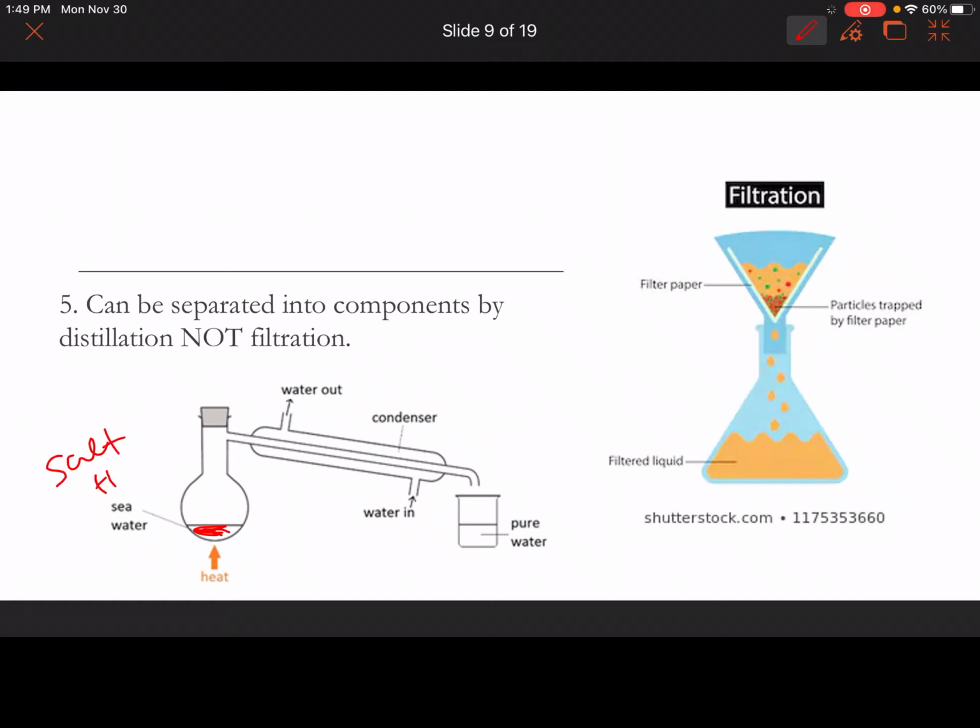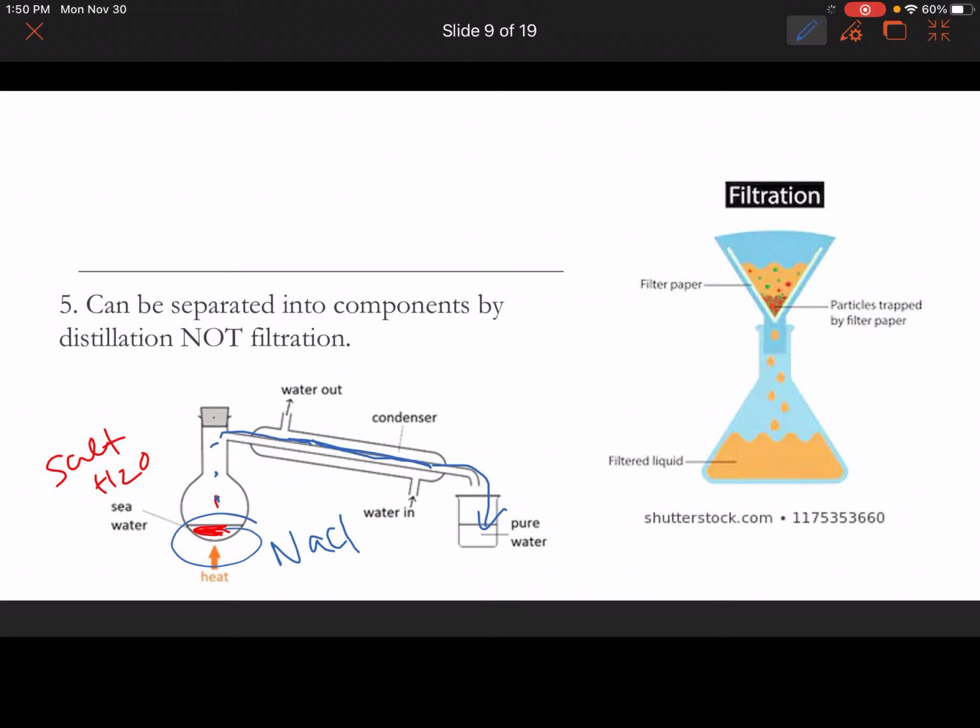As we heat it, the water droplets are going to evaporate, and then they're going to come out here, and they're going to cool as they go through this tube here. This would be the distillation column, and then what happens is it would end up collecting over here, and that would be your pure water. Now, what would be left over here then? Yeah, so that would be where your salt would collect there.